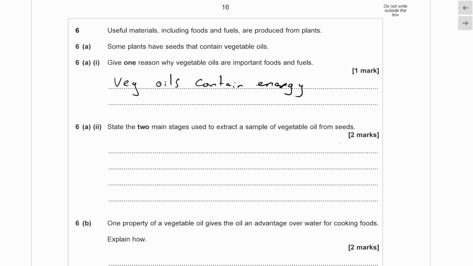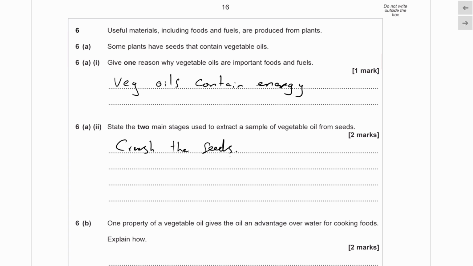Next, A part 2, it says state 2 main stages to extract a sample of vegetable oil from seeds. All right, and so the first thing that you need to do to a seed is crush it, okay? So we need to crush or squash the seeds. Then there are a few things that you have to do, and it's not always the same process, but what you should be doing is pressing, and by pressing we mean we're getting all the liquid out of it and not the solid, okay?